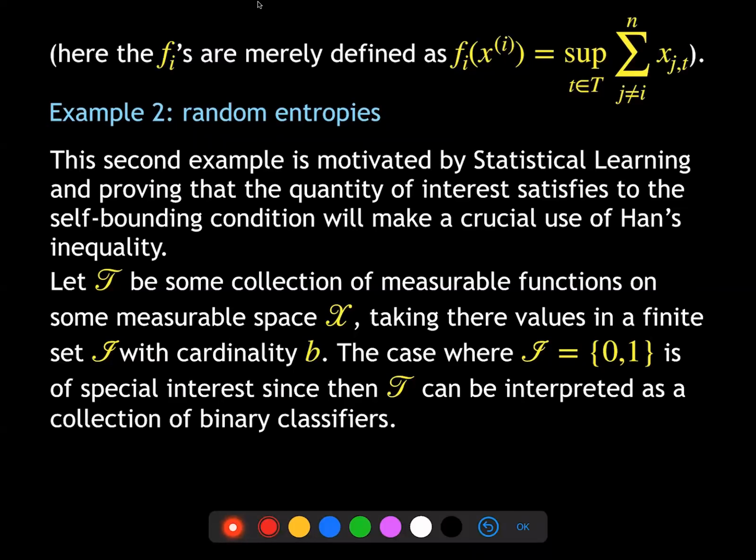You look at some collection of measurable functions that takes their values in a finite set with a cardinality B. A typical case is that this finite set is just a binary set. You have two issues, 0 or 1. This is a situation that people face in statistics when you look at classification problems.